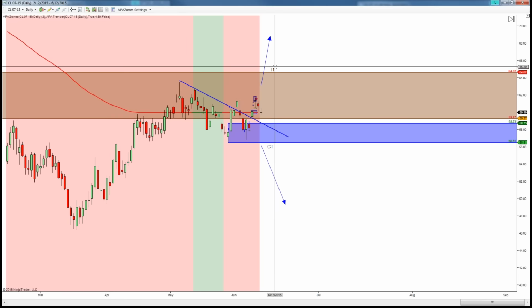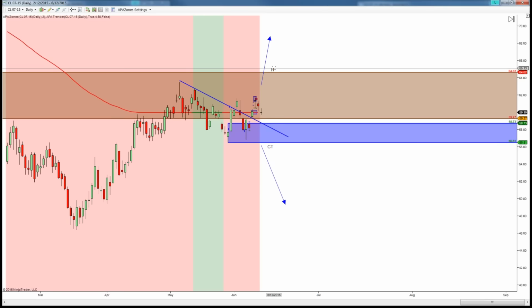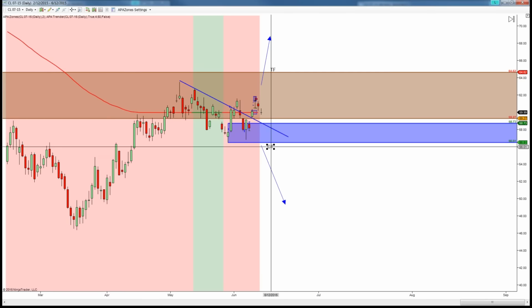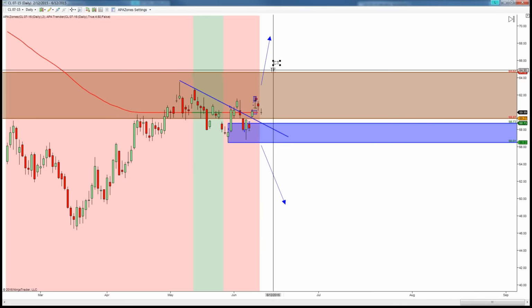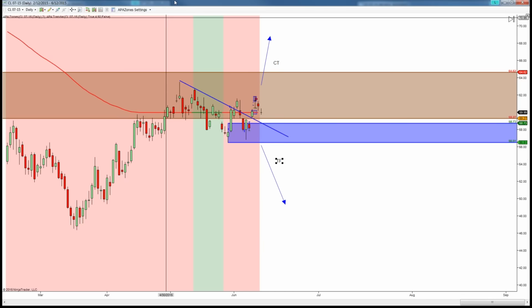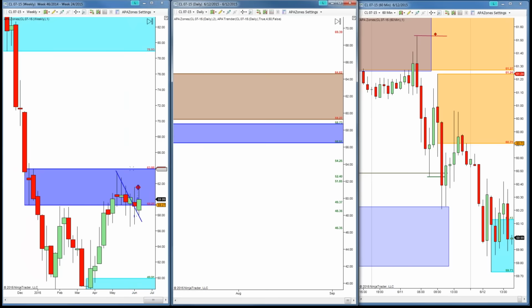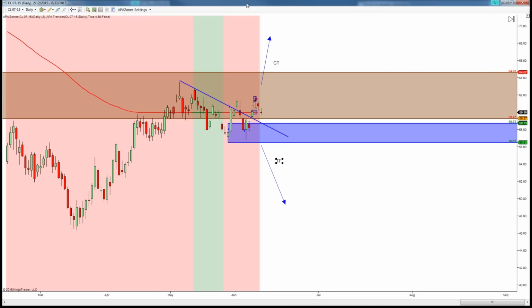So I'm not really married to either or right now at this time. I think I'm going to flip this around though and follow the trend from the weekly. Because we're in a range, I think it's important to treat it like a range.